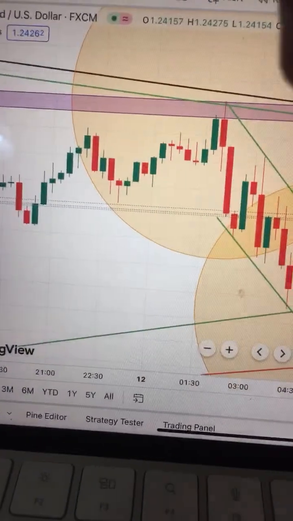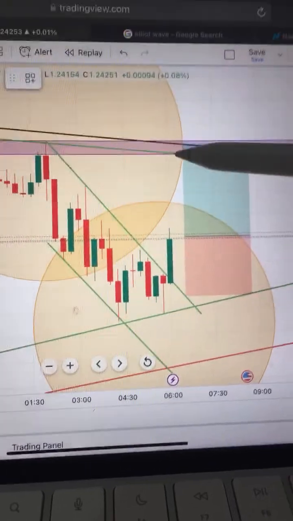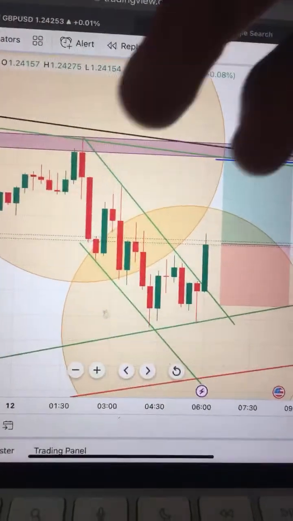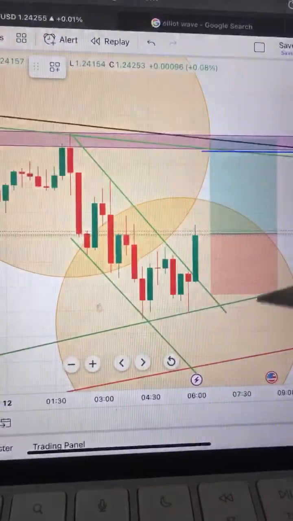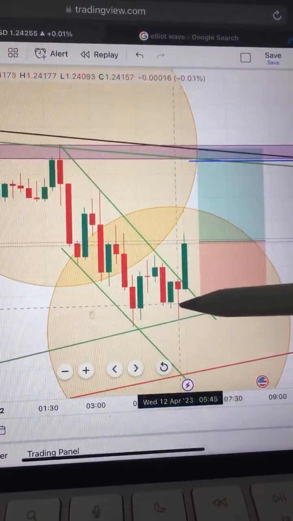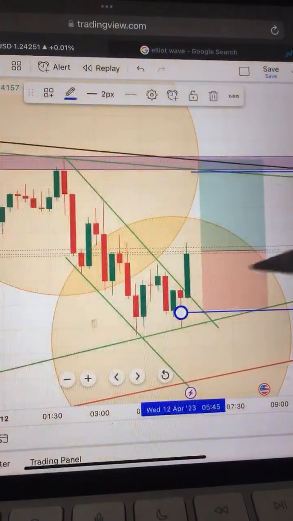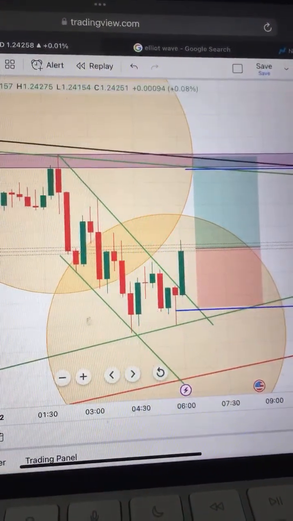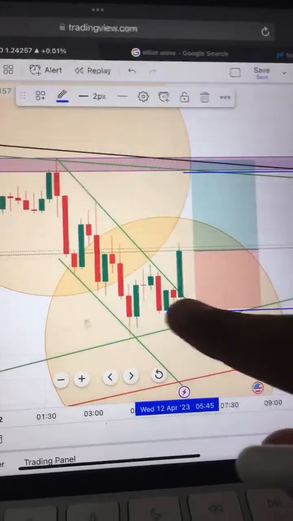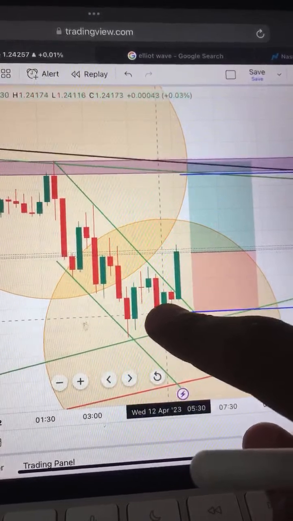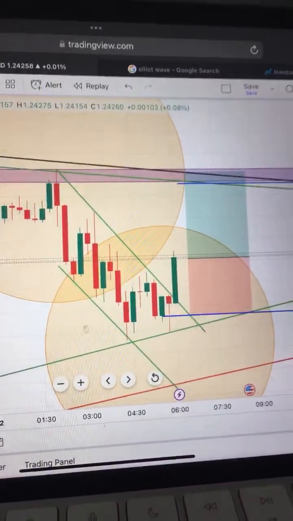Okay, so I want to highlight my take profits. My take profits will be around here, and my stop loss will be around here. This is my stop loss.